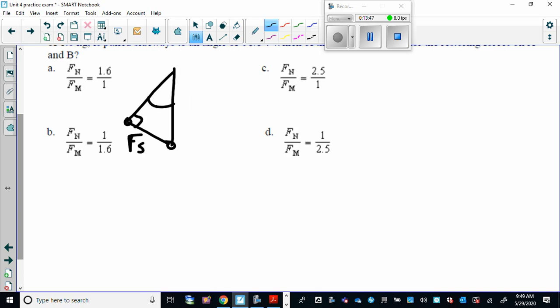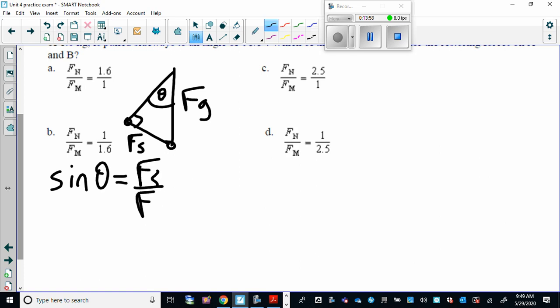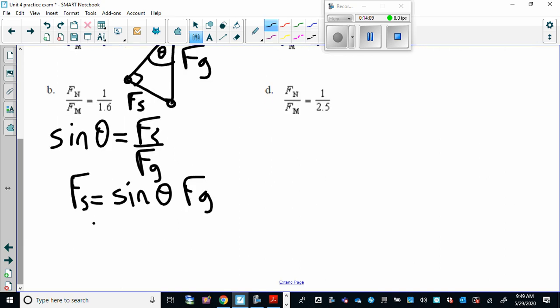This is the angle, and this is gravity. The relationship between them is that, let's call this theta, sine of theta equals the restoring force over the force of gravity. Therefore, the restoring force equals sine theta times Fg, which is sine theta times mg.